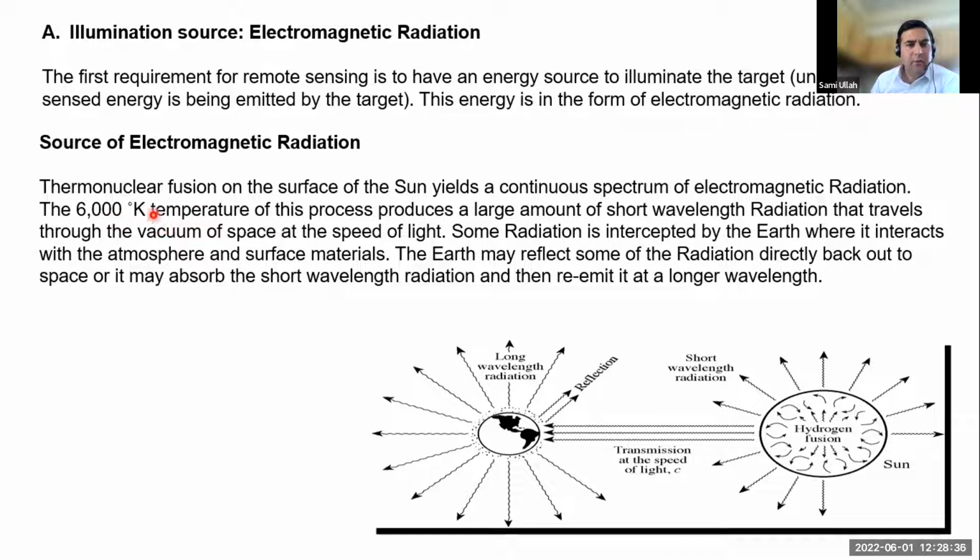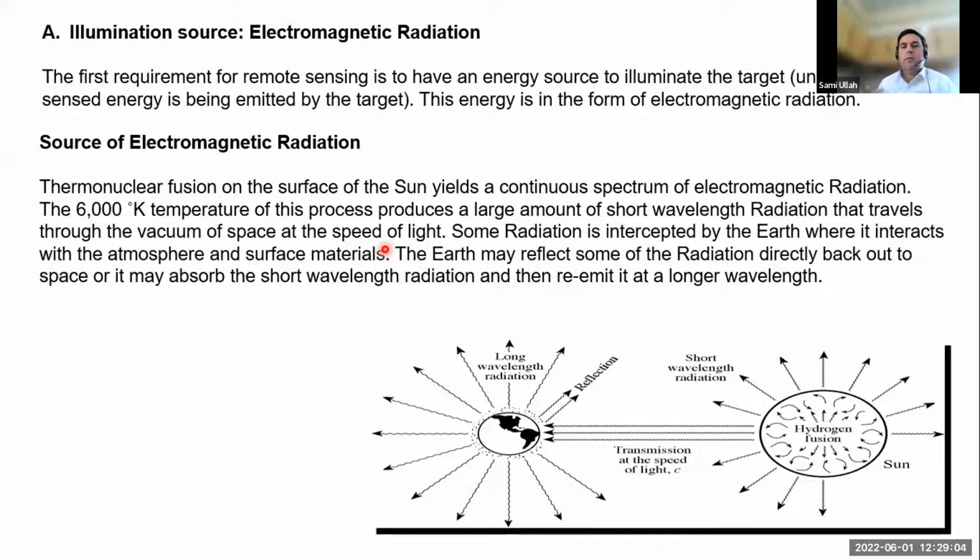As you know, thermonuclear fusion on the surface of the sun produces a continuous spectrum of electromagnetic radiation. This electromagnetic radiation, we also call it light. The 6,000 Kelvin temperature of this process produces a large amount of short wavelength radiation that travels through the vacuum of space at the speed of light.